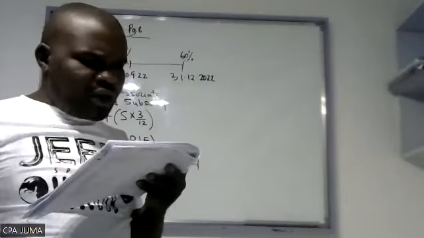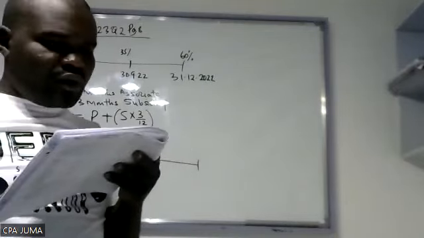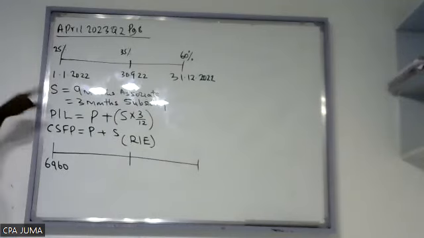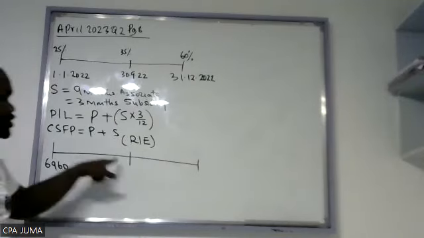Not number one, not number two, as limited reserves stood at 6960. So 6960, when they were acquired, when they were associates, this was the retained earnings. Check on the date of top up.